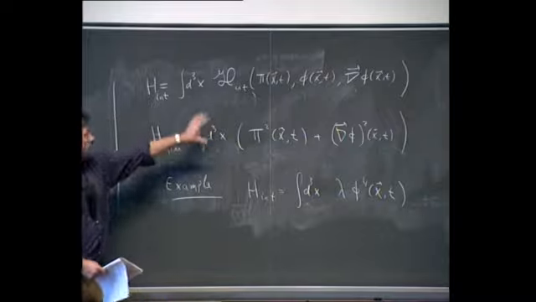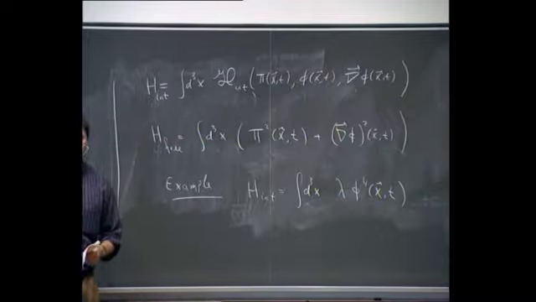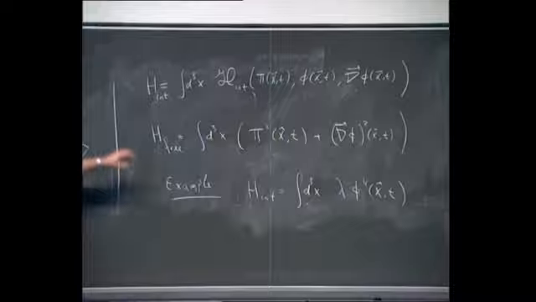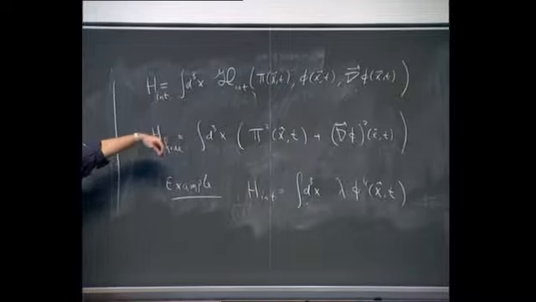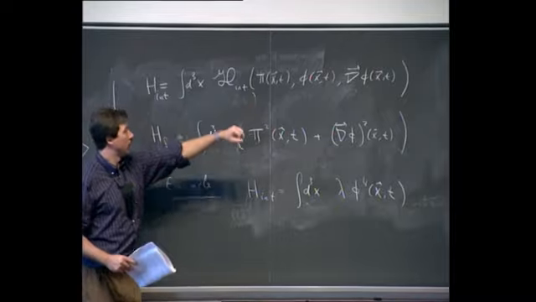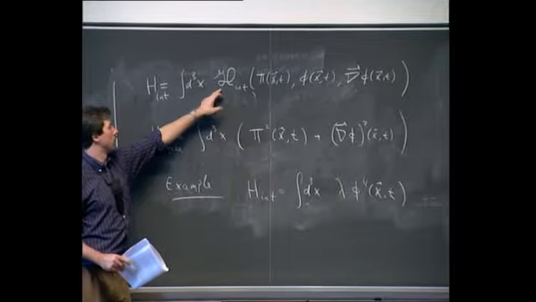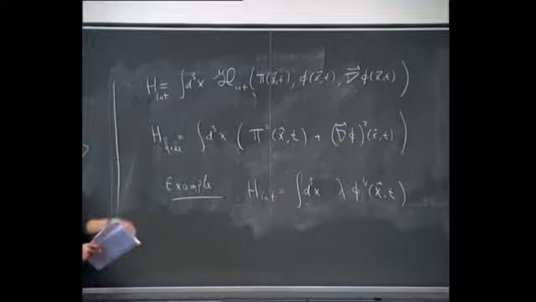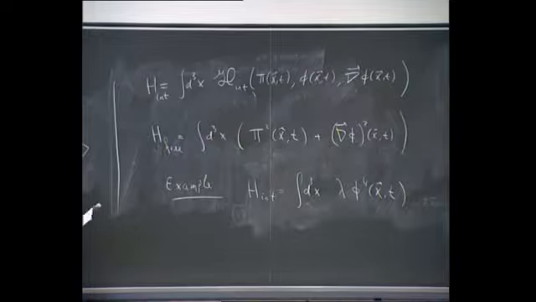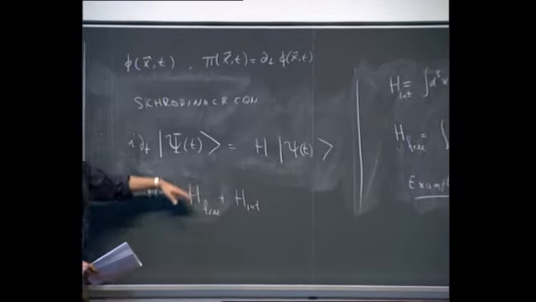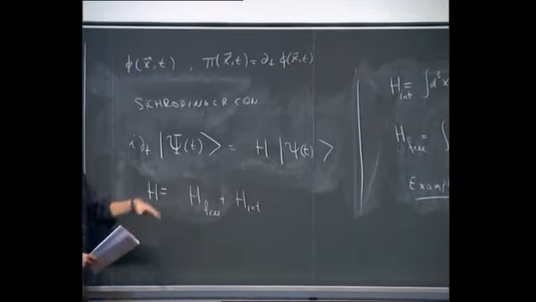But what I'll take from this now is that we do have a Hamiltonian which we know how to express in terms of the fields pi, phi, and so on, as an integral over some expression, a local function of x. And this Hamiltonian, what we want to do actually is plug it into the Schrödinger equation and then try and solve this Schrödinger equation and see what would be a way to get from an initial state to a final state.